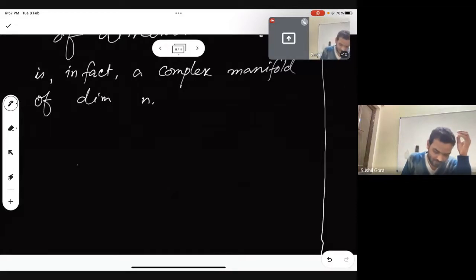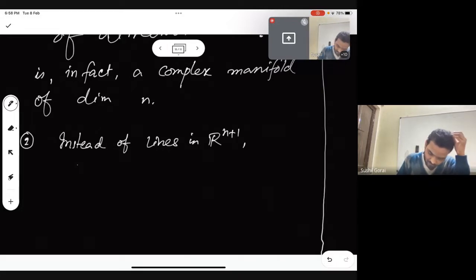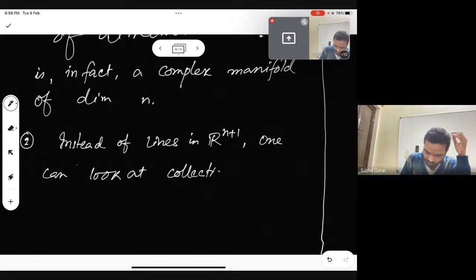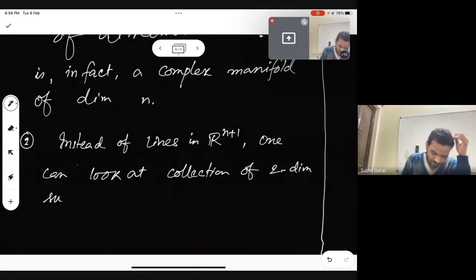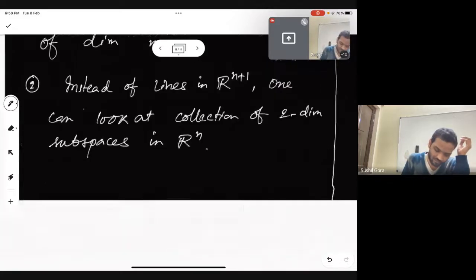And the second thing is, instead of lines in Rn plus 1, one can look at the collection of all two-dimensional subspaces in Rn.